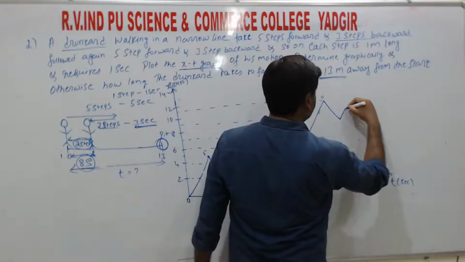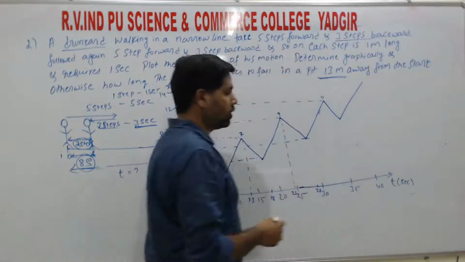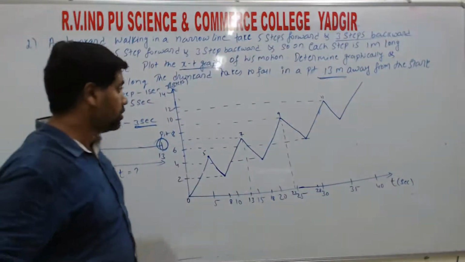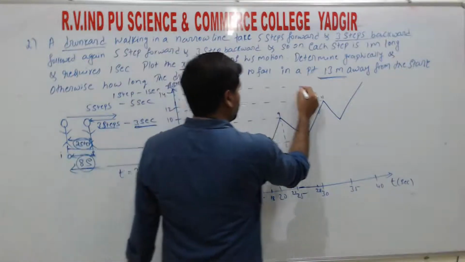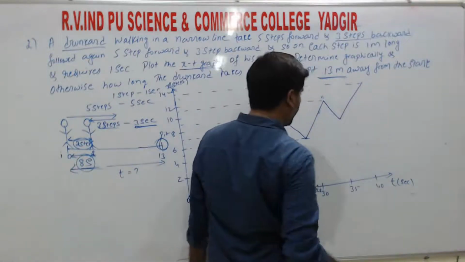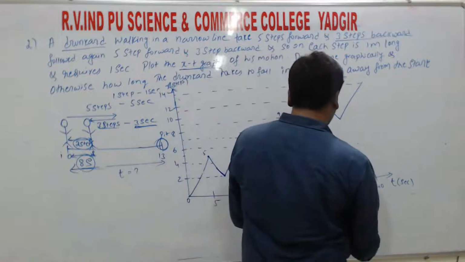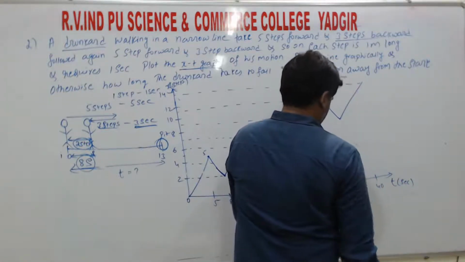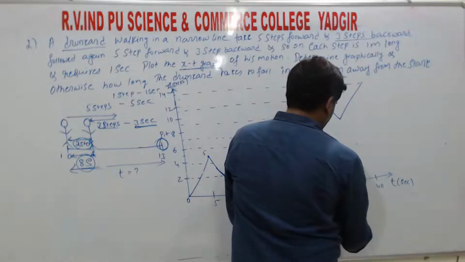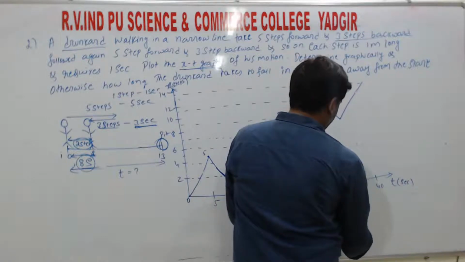Again 8 plus 5, how much? 13, right? So this will be our end. Here we make some correction: 28 plus 5, 33. Right.